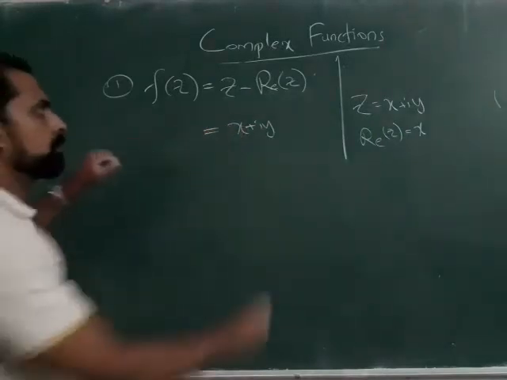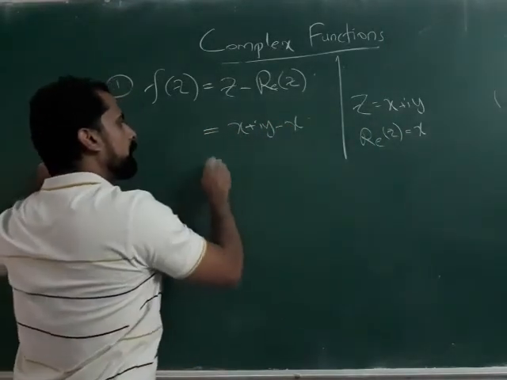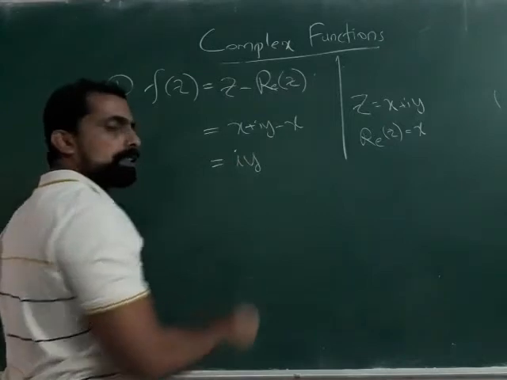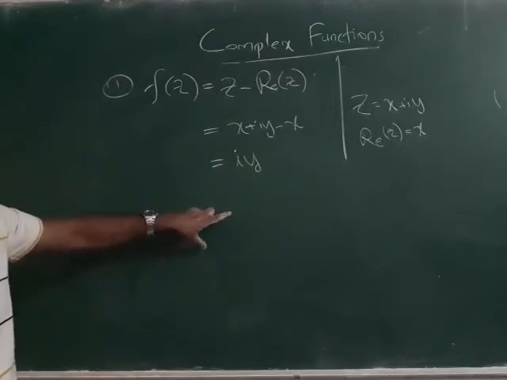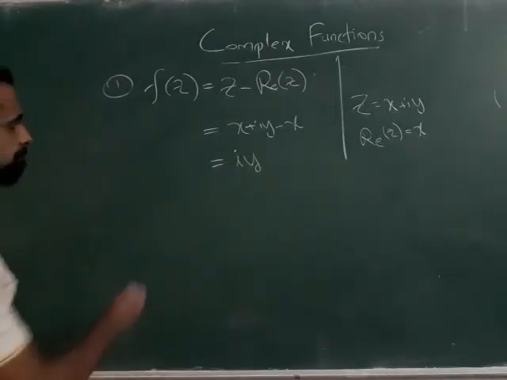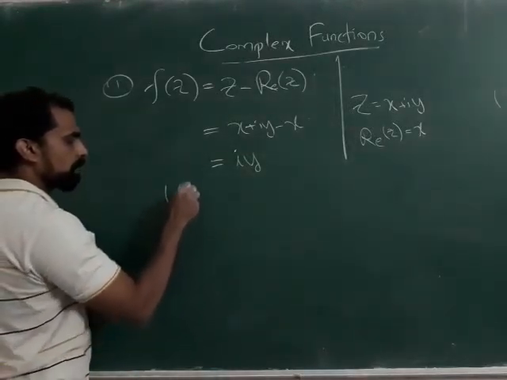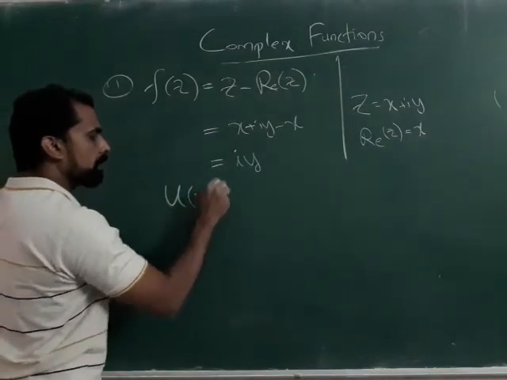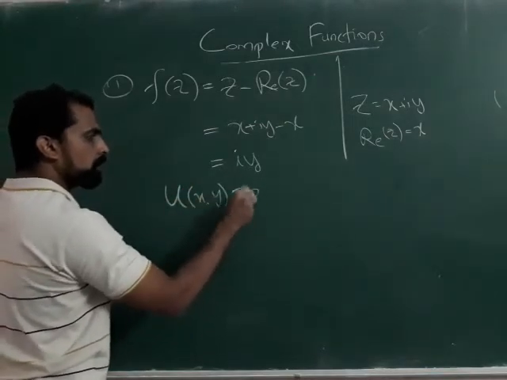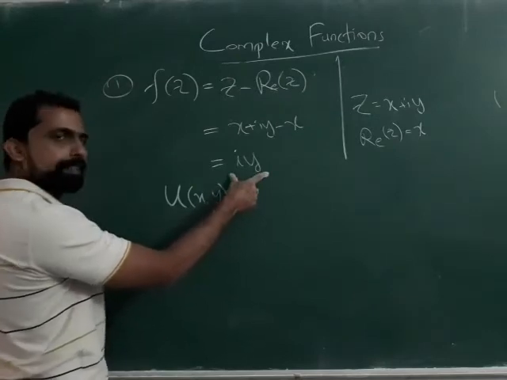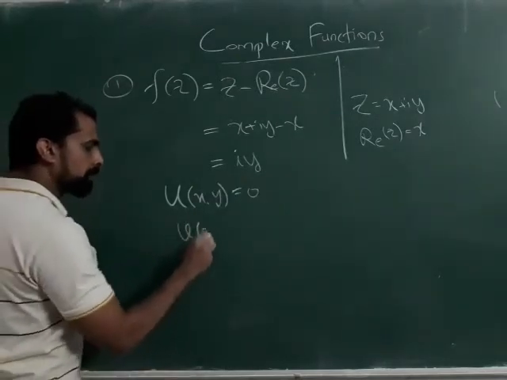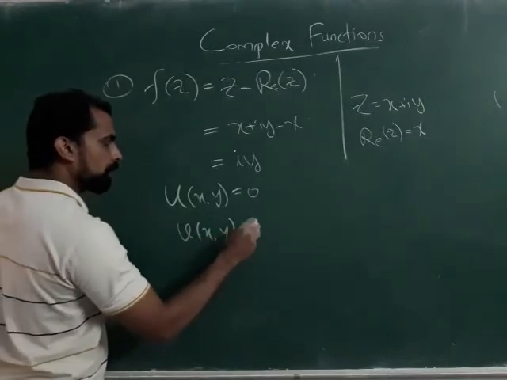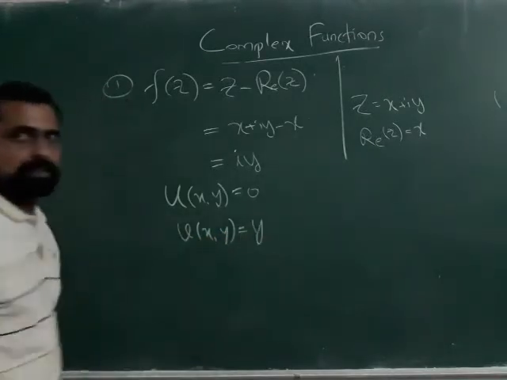So minus x, you are getting i y. So this is the result. Now what about u? u of xy is equal to 0 because it doesn't carry any real part, and v of xy is equal to 1.